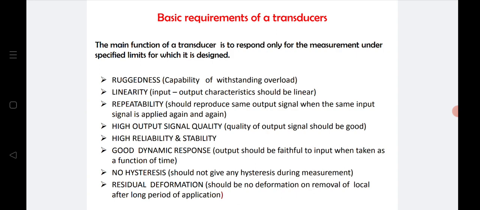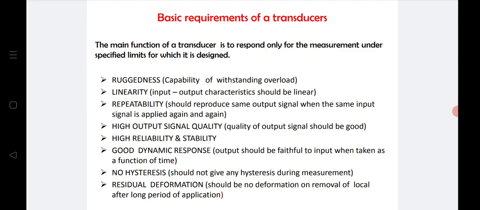Next one is repeatability. It should produce the same output signal when the same input signal is applied again and again. So if I apply my input signal again and again, whatever output I got the first time, the same output you need to get at different times.